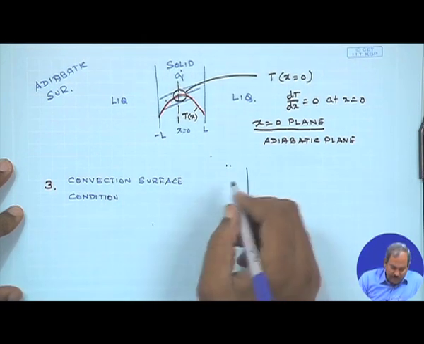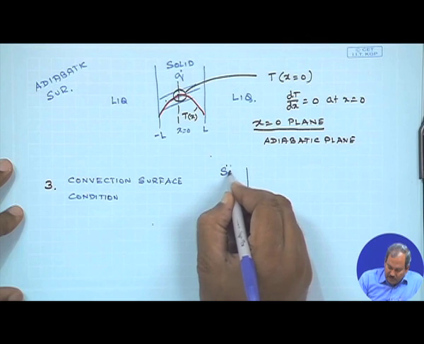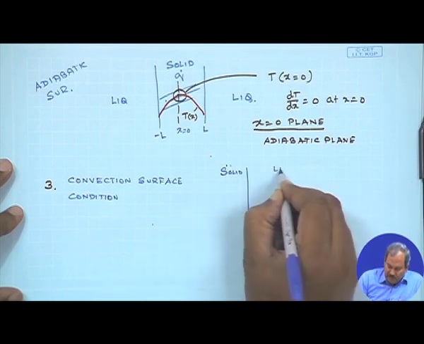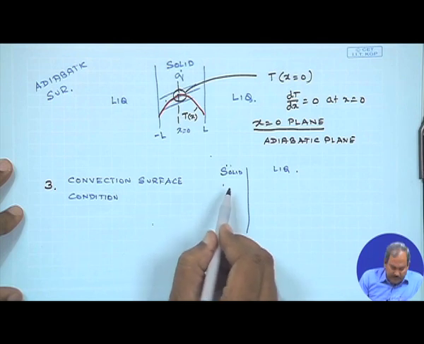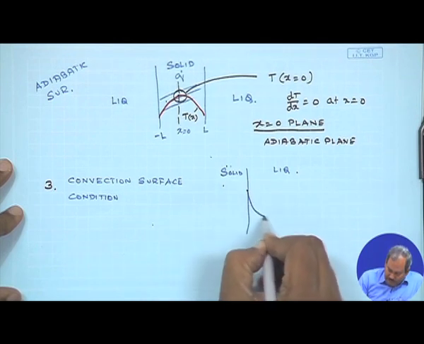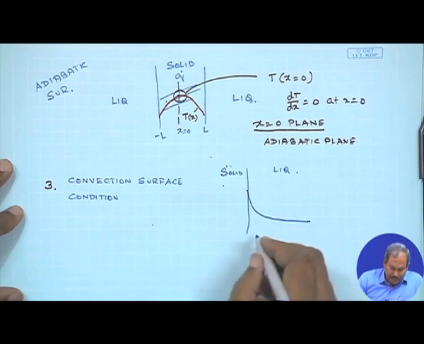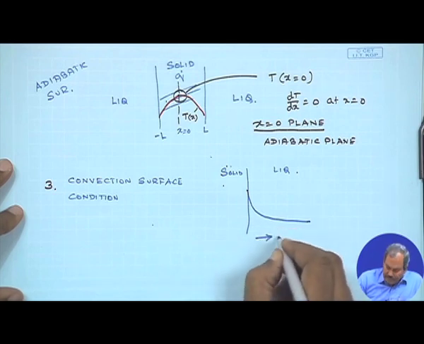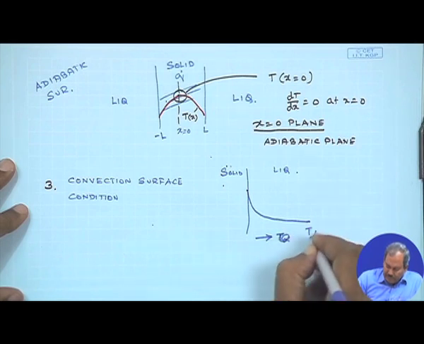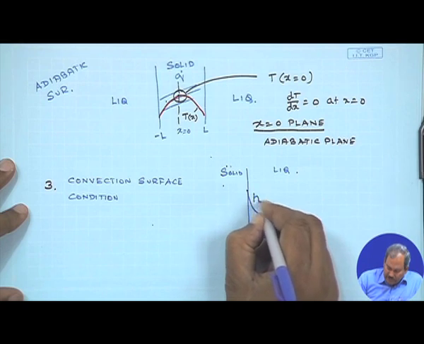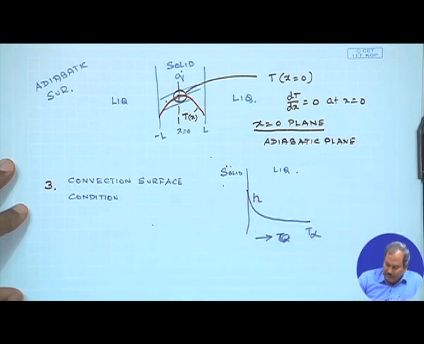Where you have a surface which is solid, and on this side you have a liquid, let us say, and the profile of temperature is this, where the temperature over here is T infinity, and the heat transfer coefficient involved is h.